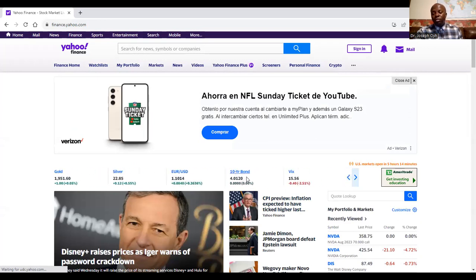The 10-year bond is what you can use. Because the market has not opened yet, you won't see anything here. You can only see 0, 0, 0, but once the market opens, you see the return. But look at this last return here, 4.012. Now, I'll give you the risk-free rate. So all those inputs are already available for you.